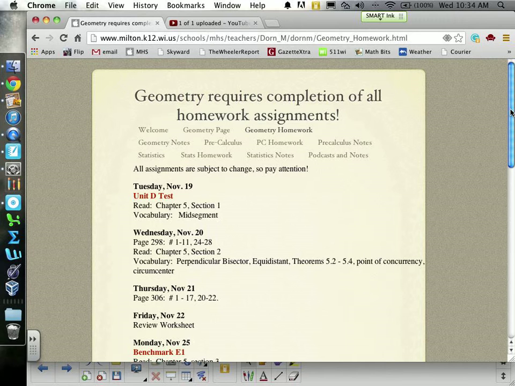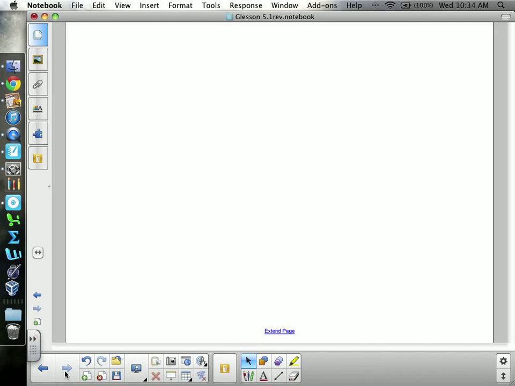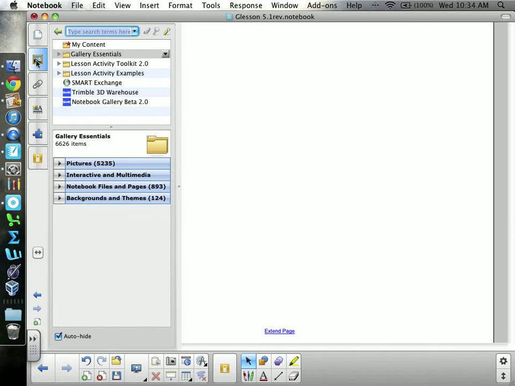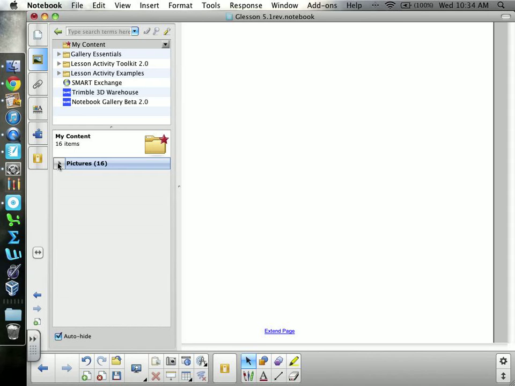All right, so 1 through 11 is correct, and 24 through 28 is correct. 28 is going to be a little bit interesting. 28 does use the coordinate plane, and here's a little hint. I'm going to give you the midpoints. So for 28, we are doing just one coordinate plane problem here.